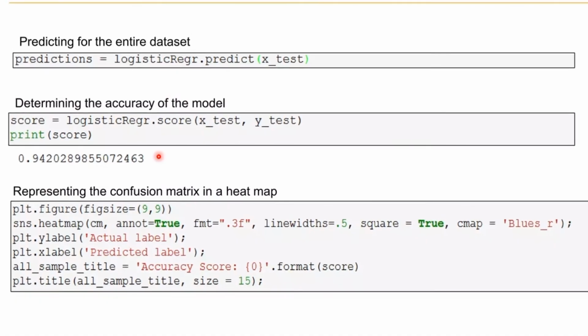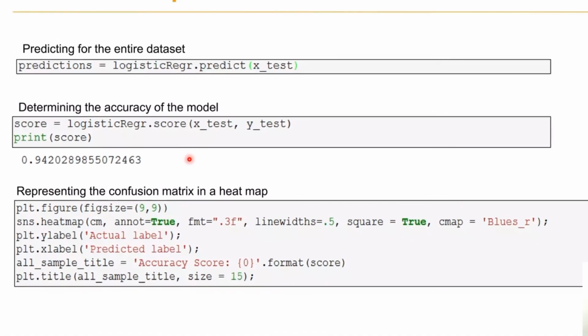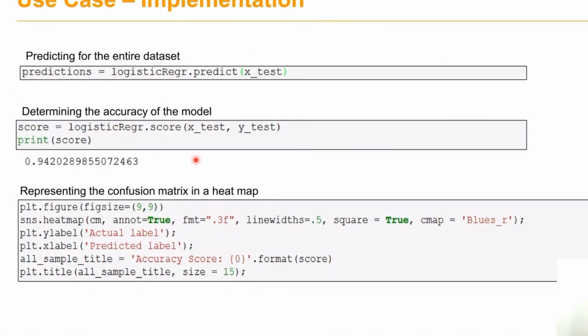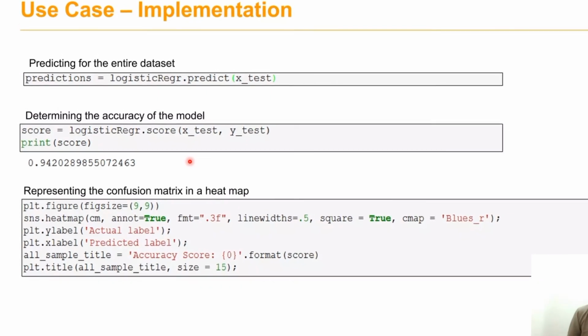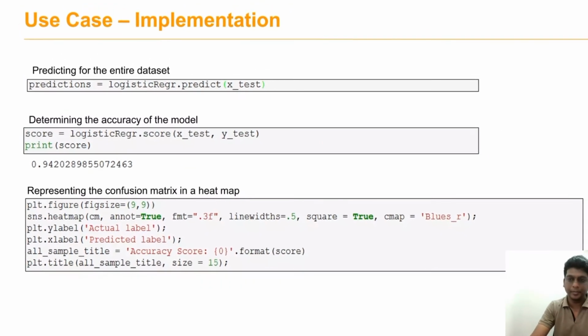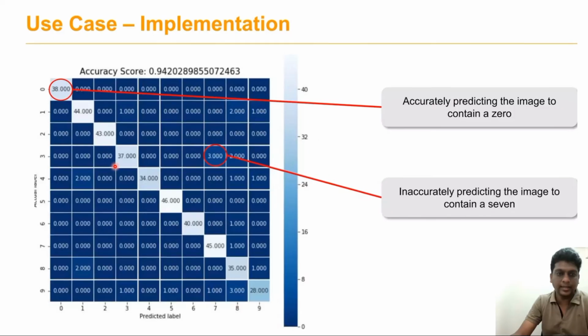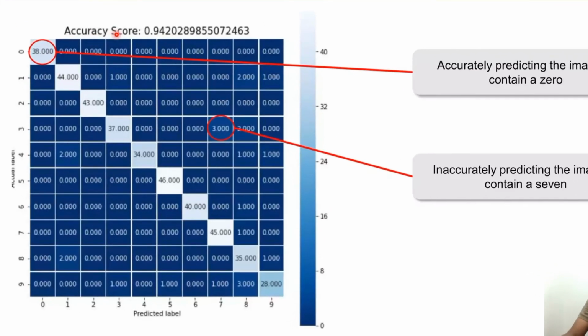Now we determine the accuracy of the model. After determining the accuracy, we represent it in a confusion matrix as a heat map. Here the accuracy score is obtained as 0.94202.